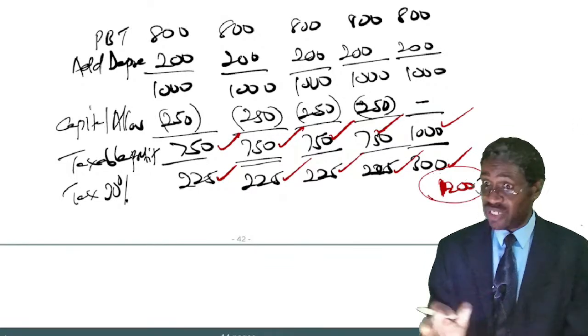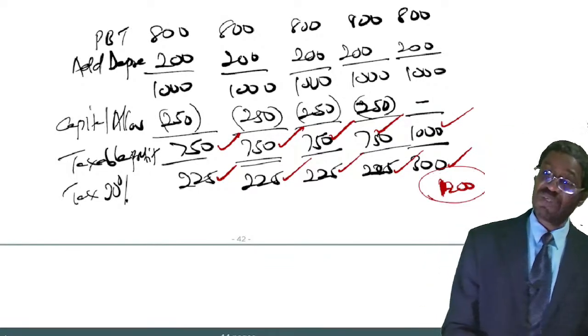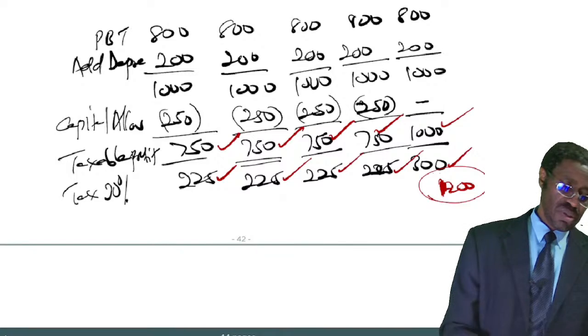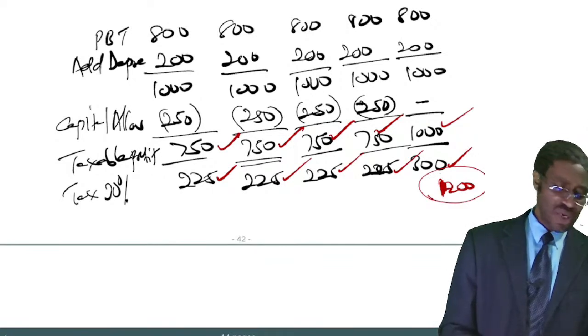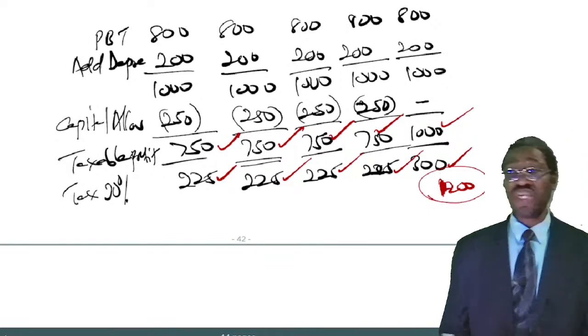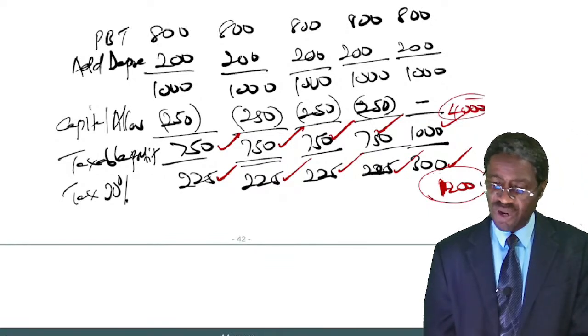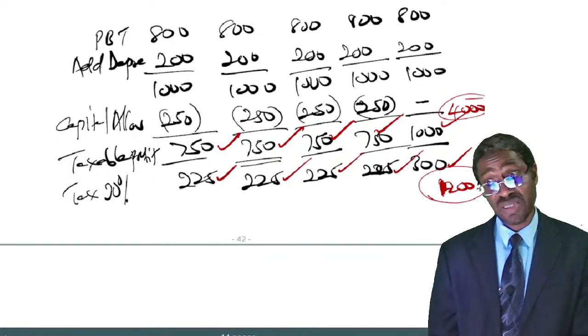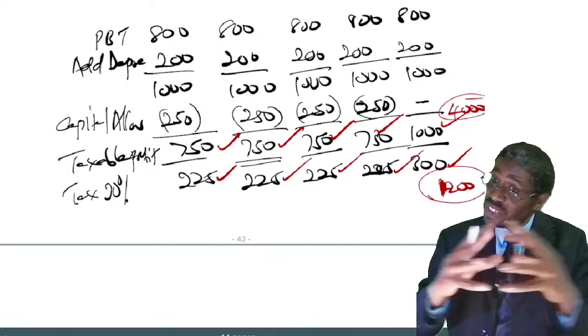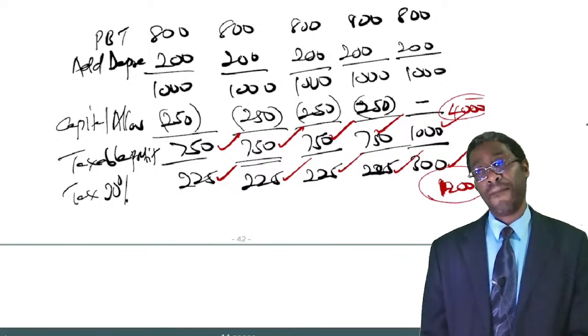How much cumulative? That is 750 times 4 plus 1,000. So he requires again that I pay tax on a profit of how much? 4,000. Listen. So again, the position looks to be the same in the long run.